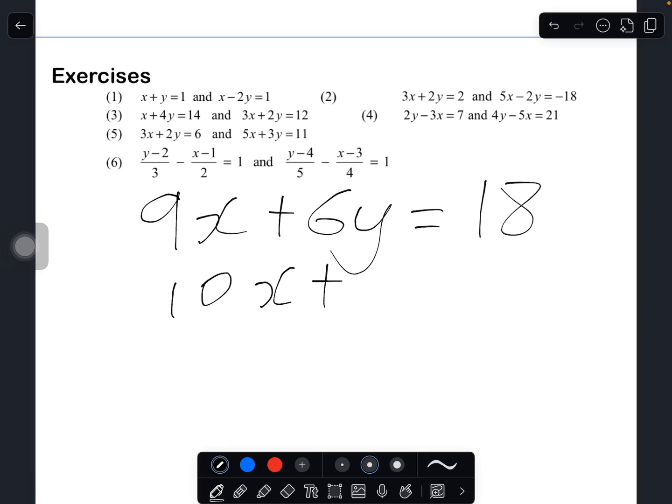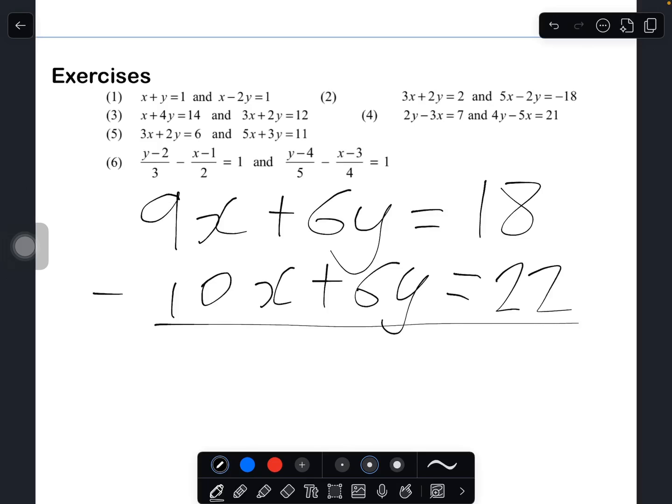So I now have 10x plus 6y equals 22. I can now subtract these, and they will leave me with negative x, these cancel out, equals negative 4, and then I get x equals 4.